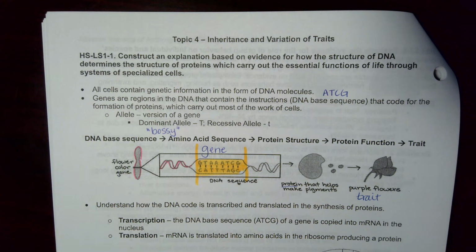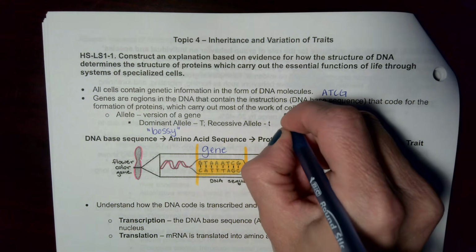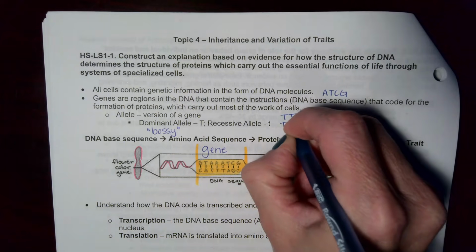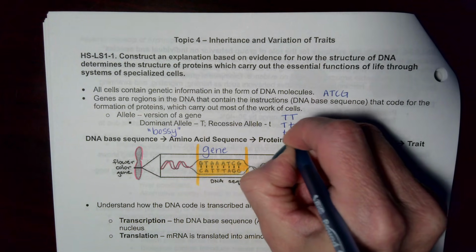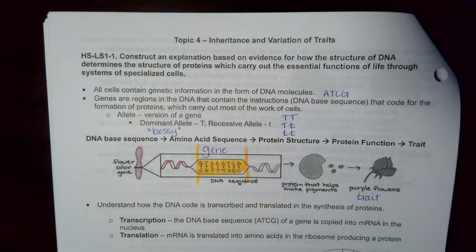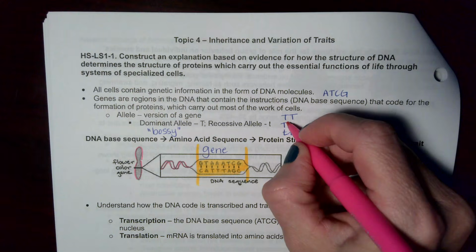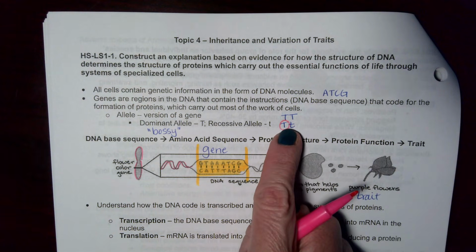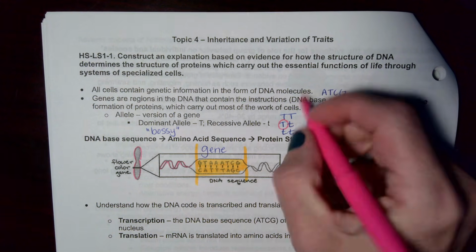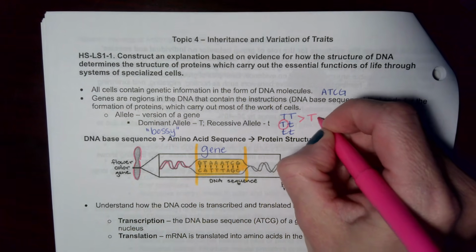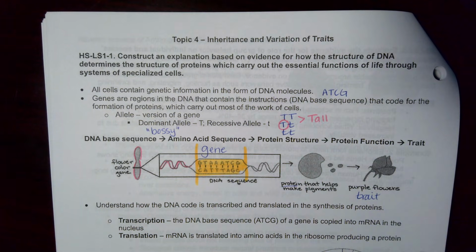So if capital T represents tall and little t represents short, people could have the genotype of big T, big T, big T, little t, little t, little t. Remember, my capital T is going to be my boss. So big T, little t, both of those people are tall.